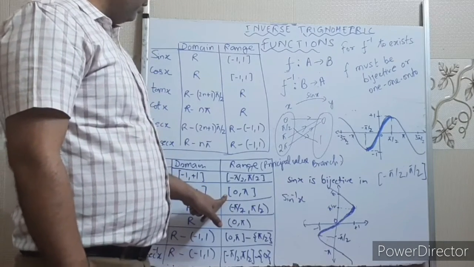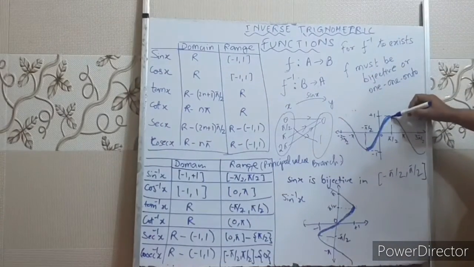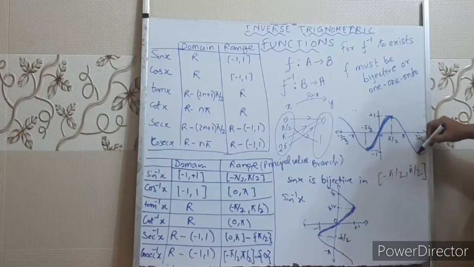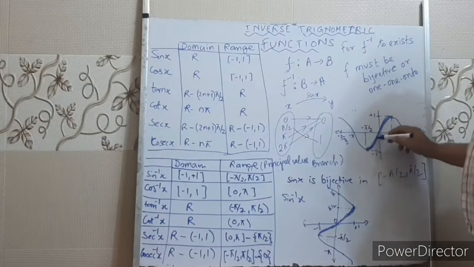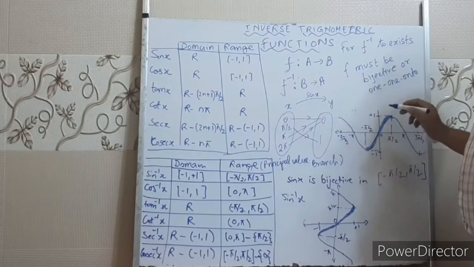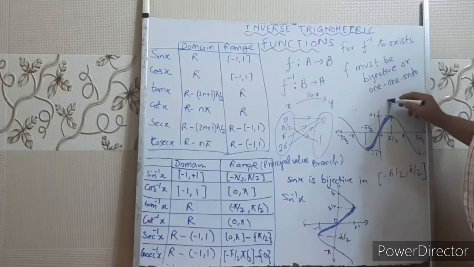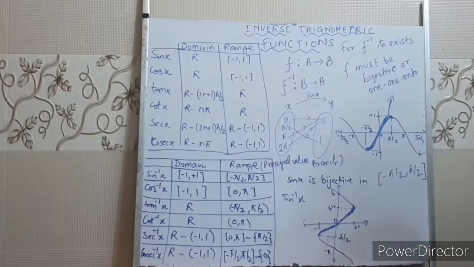Okay. You can say that we can also take this branch. But this branch is acceptable universally. So this value is acceptable all over the world, internationally. So we can say that this range, this branch, is the principal value branch. Okay.